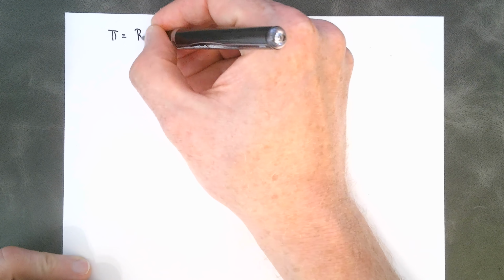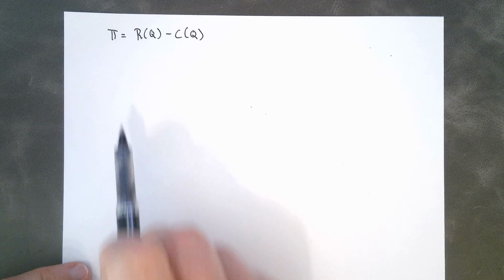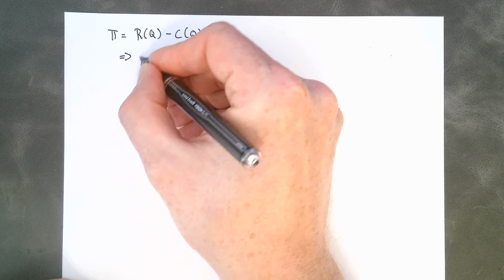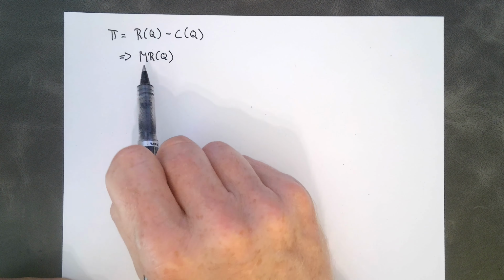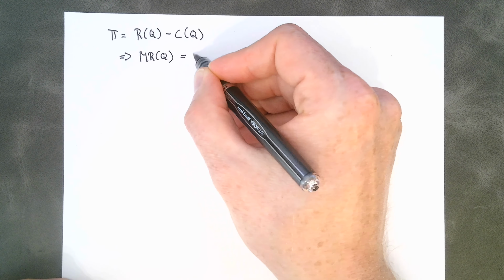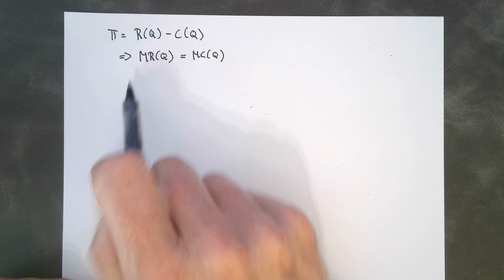That is a function of revenue minus cost, and note that here I have written revenue and cost both as a function of Q. Using calculus, we can show that the profit maximizing output occurs where the marginal revenue equals the marginal cost. The marginal revenue is the additional revenue that you're getting from selling one more unit, and the marginal cost is the additional cost you have if you're selling one more unit.